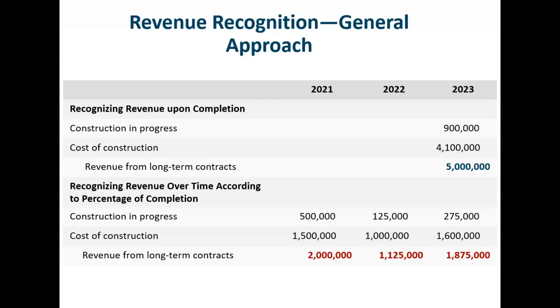The key here is that when Harding recognizes gross profit, Harding is acting like it has sold some portion of the asset to the customer. But Harding keeps the asset in its own balance sheet in the CIP account until delivery to the customer. Putting recognized gross profit into the CIP account just updates that account to reflect the total value, cost plus gross profit equals sales price, of the customer's asset.